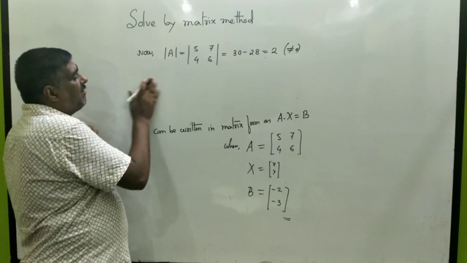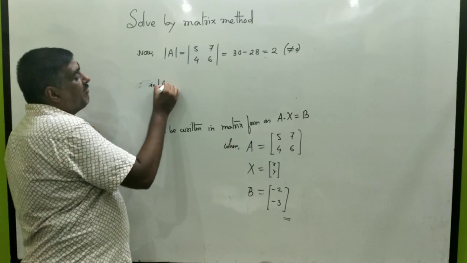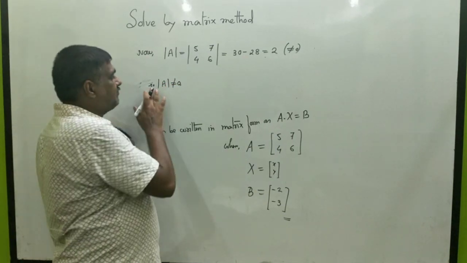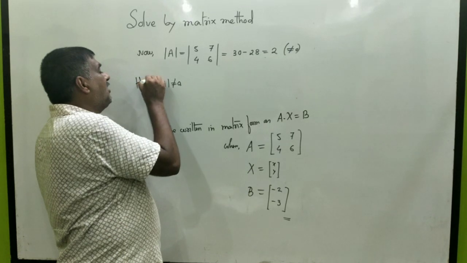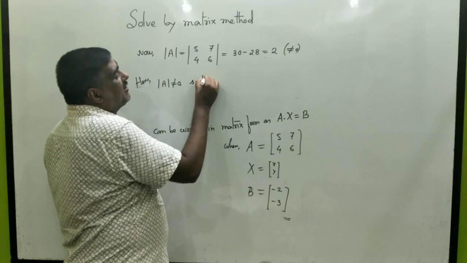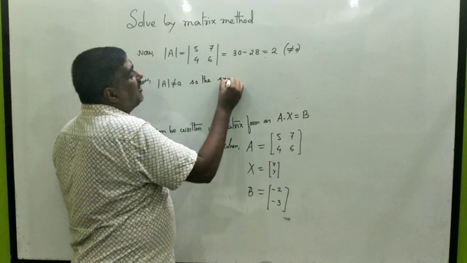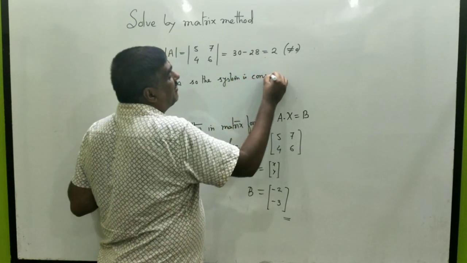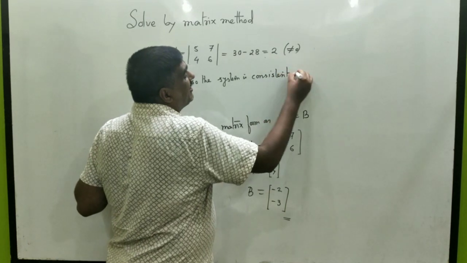So here, determinant of a not equals to 0, so the system is what, so the system is consistent, and it has unique solution.